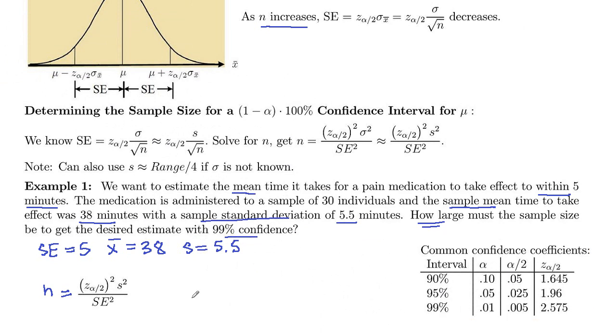We see the z alpha over 2 that goes with 99% confidence is 2.575. So this will be 2.575 squared times our 5.5 squared, and then we're dividing by the sampling error or margin of error squared, which is the 5 squared.